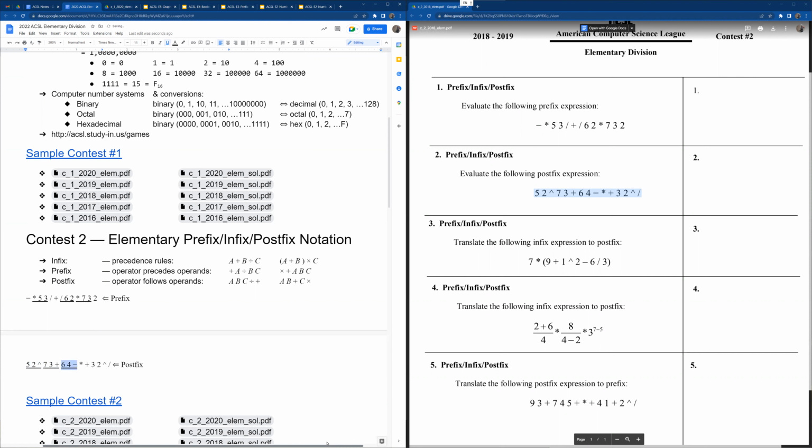So that means it's 5. Yeah, okay, I got 5. I just solved it. So now we do question 3. I literally just skipped like 2. Translate the following infix expression. Oh my god. Yeah, I already did that one. That's still good.